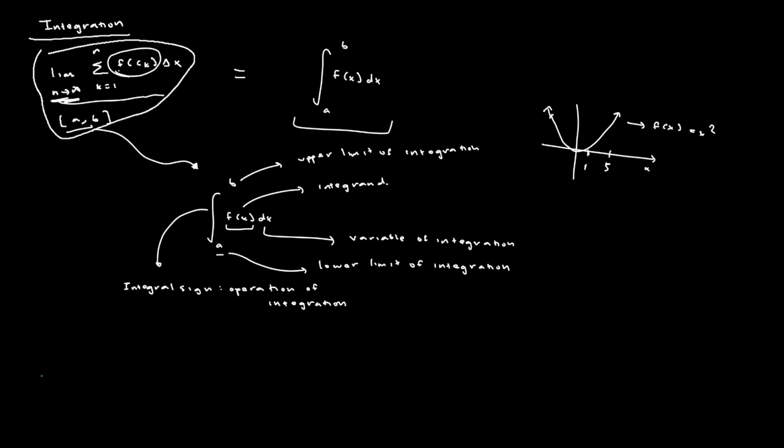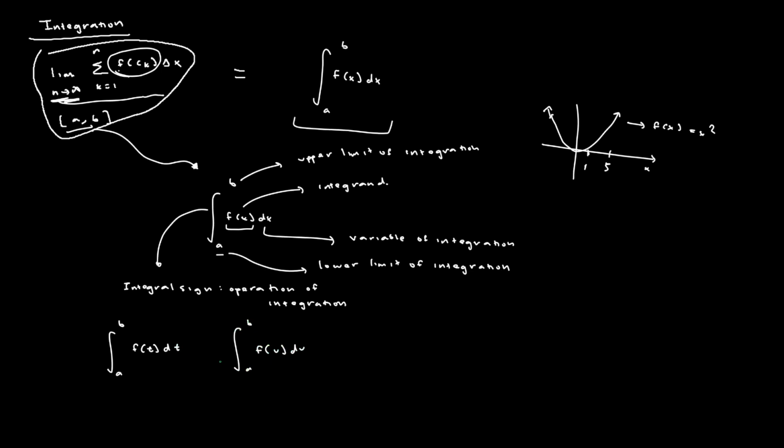And one thing I want to note is, let's say we had written the integral from a to b of f of t dt, or we had written the integral from a to b of f of u du.